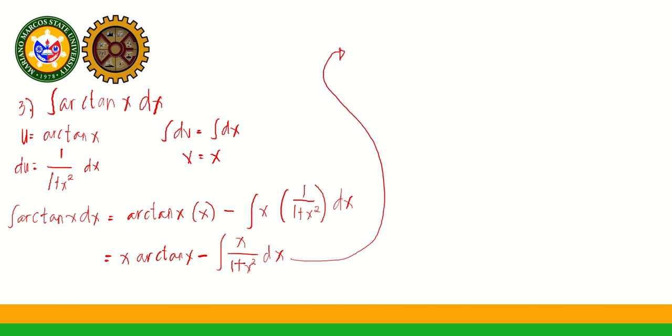So, hindi na natin pwedeng gamitin si u and v. So, let's try naman m. Let m be equal to the denominator, which is 1 plus x squared. Then, our dm will be equal to 2x, since the derivative of 1 is equal to 0. So, this will be equal to 2x dx.